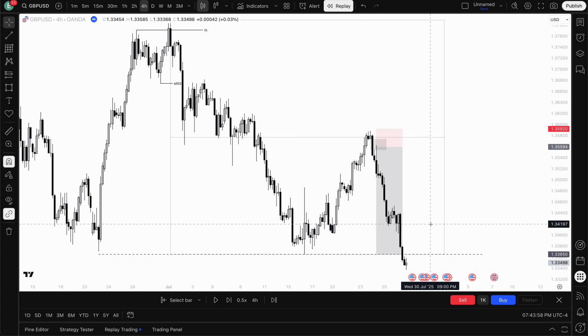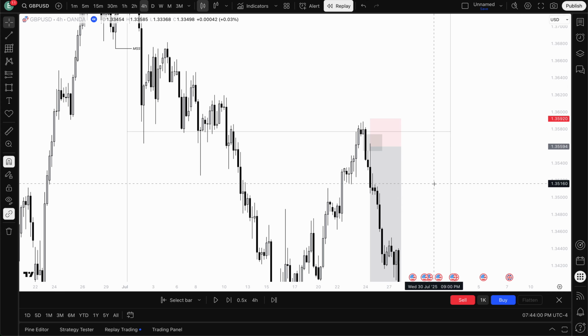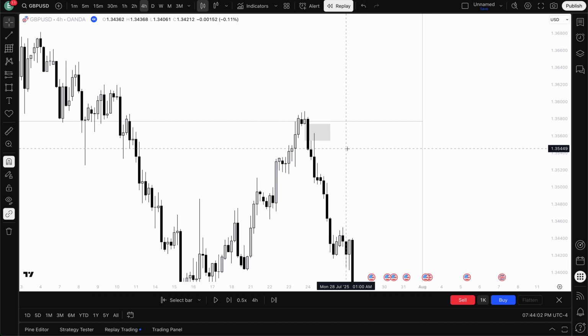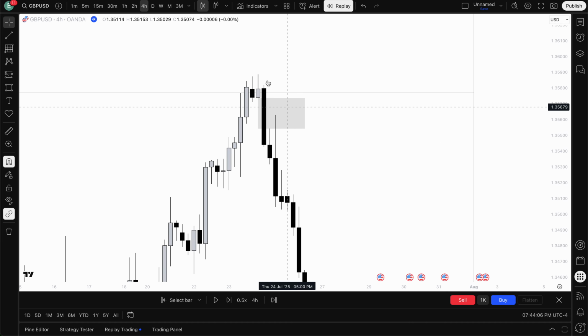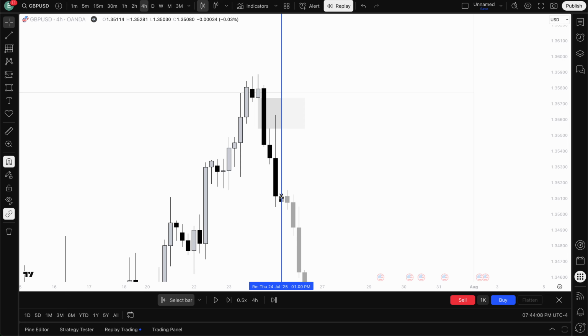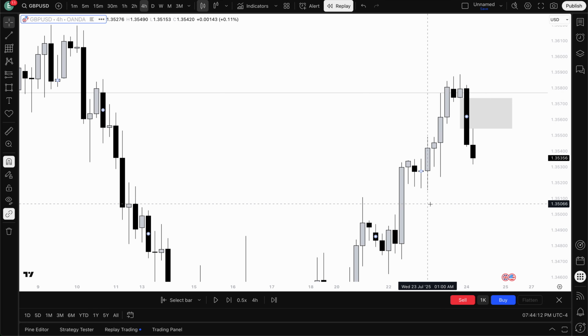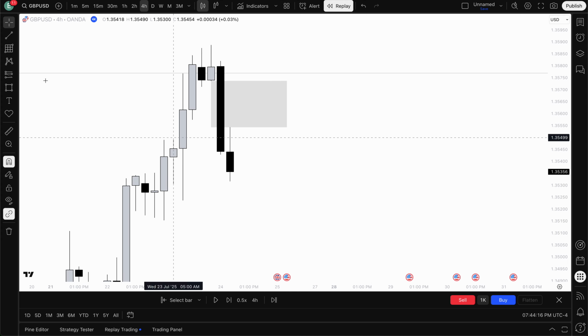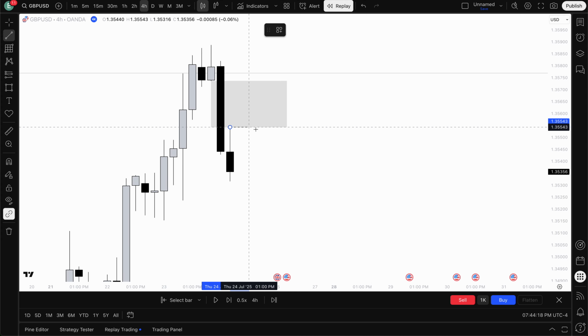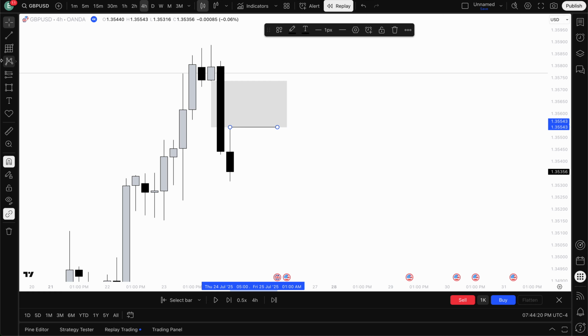Now imagine for a moment that you could zoom into that to get a clearer entry. And that's where CRT comes into play. This is a 9 a.m. candle. Let's look at this through the lens of CRT. You have a range candle.